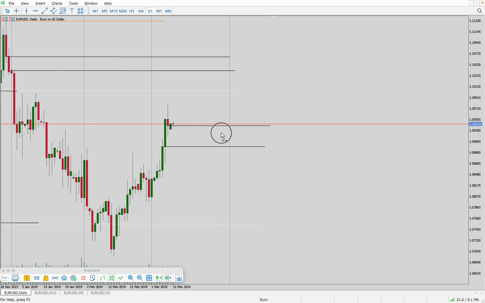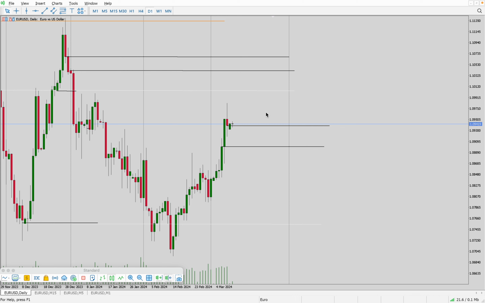Let's see how it lines up with this structure in here. If this structure is in the discounts, we are purchasing. If it's in the discounts, we are buying the euro dollar. It's almost in line with the consequent encroachment, the midway of this structure, as I had insinuated.